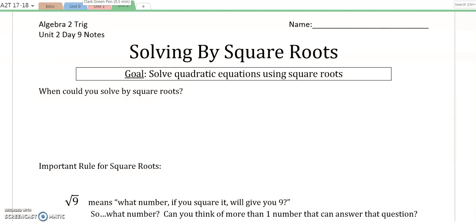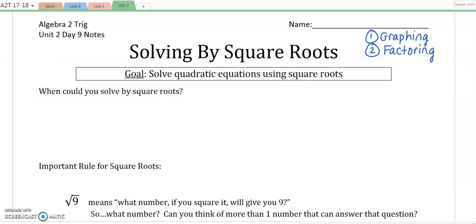Now we've learned three other methods before this, so let me just remind you of them. We've learned how to solve by graphing, and that was on the calculator. But remember, that only worked when we had real solutions, and it only gave us decimals, no exact answers. So there were limitations. The second method we learned was by factoring.